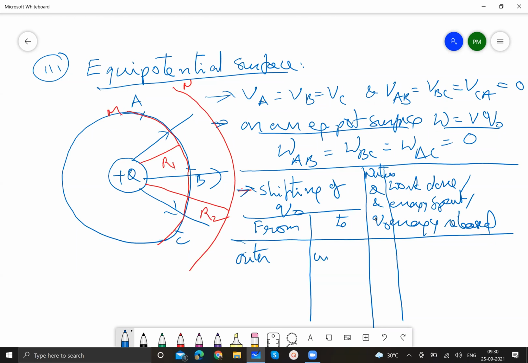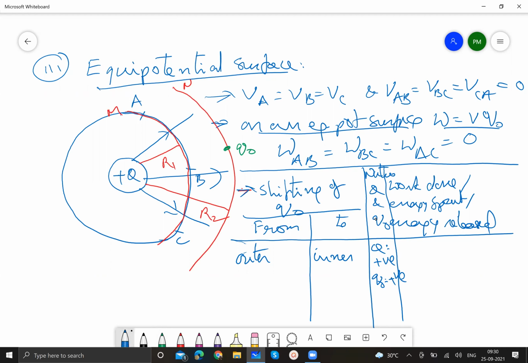So first of all, from outer to inner, capital Q is always positive, of course. Q naught is negative. Then, because of the attraction, the test charge, or initially let us take both are positive.